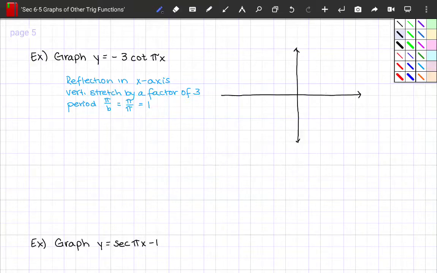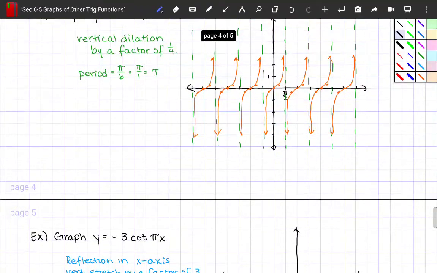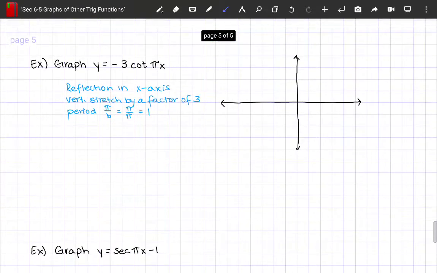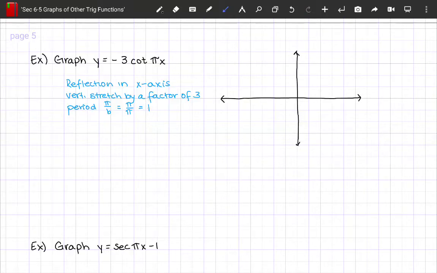Now remember, with cotangent and tangent graphs, because 1 period happens right in between the asymptotes, the period actually tells us how far apart the asymptotes are spaced, which is kind of nice. So that means since our period is 1, we're going to space the asymptotes 1 unit apart.